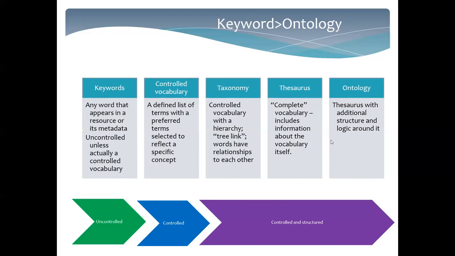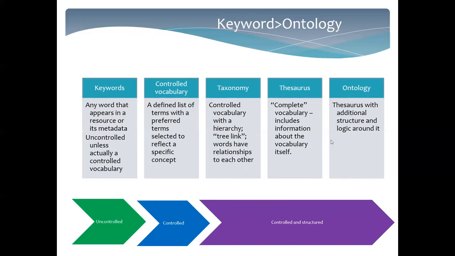We frequently see a controlled vocabulary as a taxonomy, so it has that structure built into it. We then take that list with its hierarchy and apply some additional structure around it. This is where you start seeing the metadata code itself, or this may be where you start seeing linked data being used.